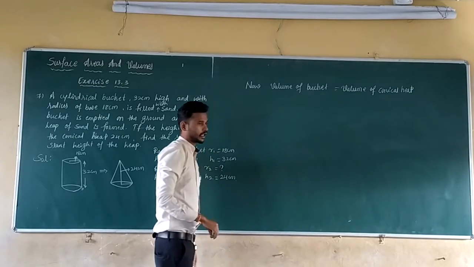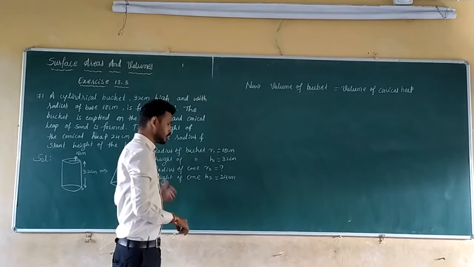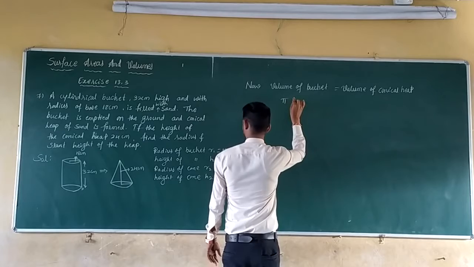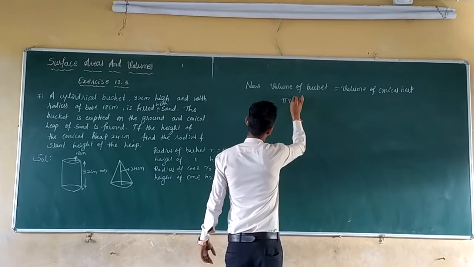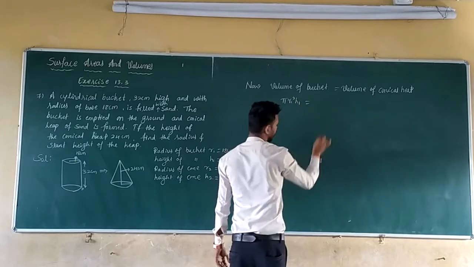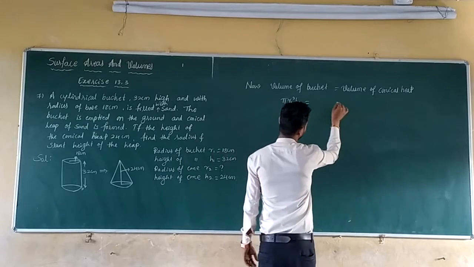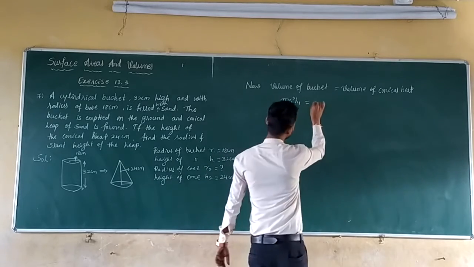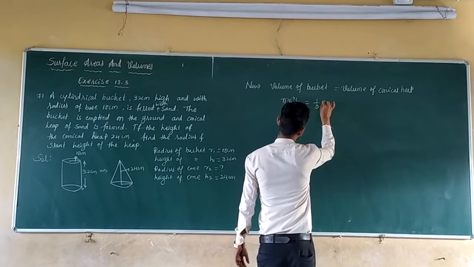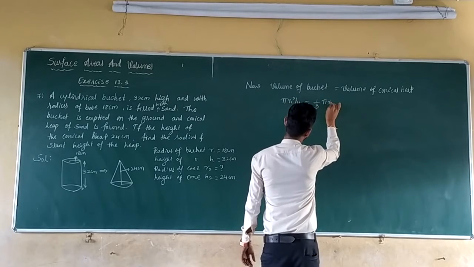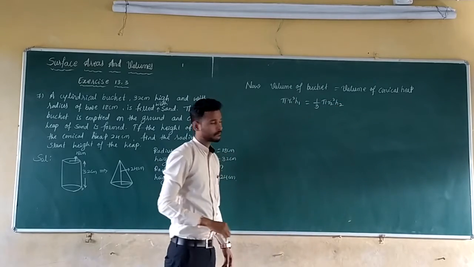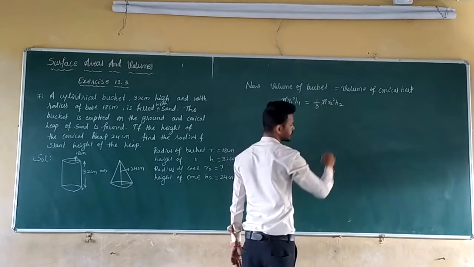So now, the volume of bucket is in the shape of cylinder. What is the formula? Pi r square h. So let us take that as pi r1 square h1. And here it is the volume of conical heap. What is the volume formula for the cone? 1 by 3 pi r2 square h2. So here pi gets cancelled.